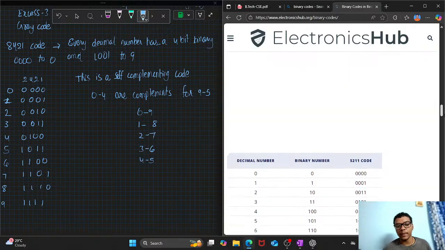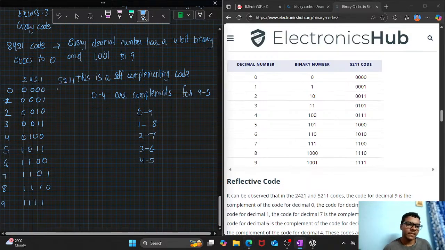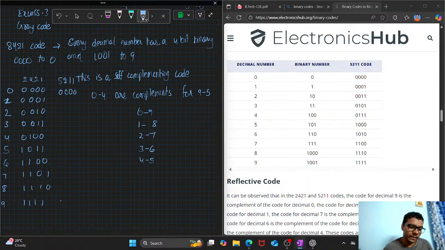So it is a self-complementing code, I see. And 5211, is this also a self-complementing code? Yes, it is. So 0000, and just write the complement here. 1111, 5, 2, 1, 1, and 0001, and that is 1110. Okay, and for 2, you can write 0011.